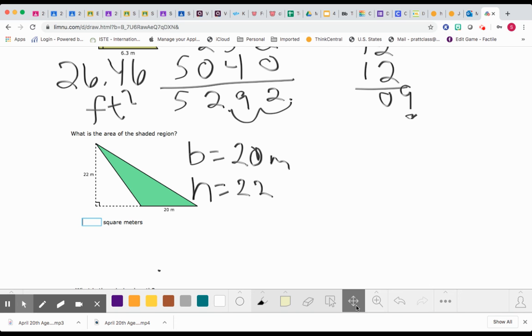We're just going to multiply. Okay, so we're going to multiply 20 times 22. So we have our 0, 4, put our 0 down again, 0, and then 4. Okay, and we're going to add this together. It becomes 440. Okay, and then again, we're going to divide that by 2.